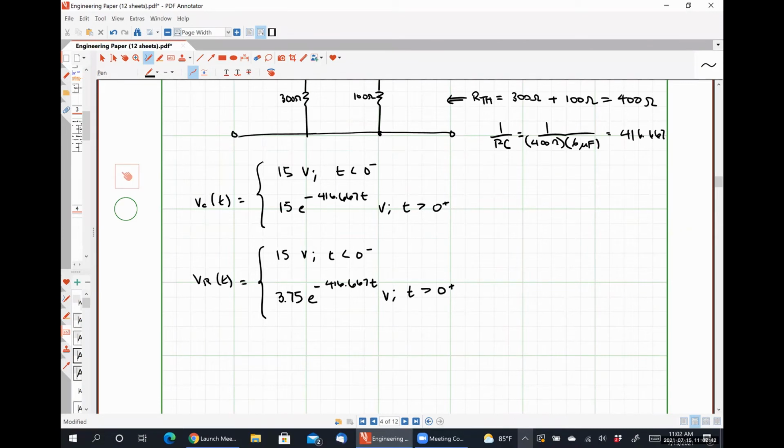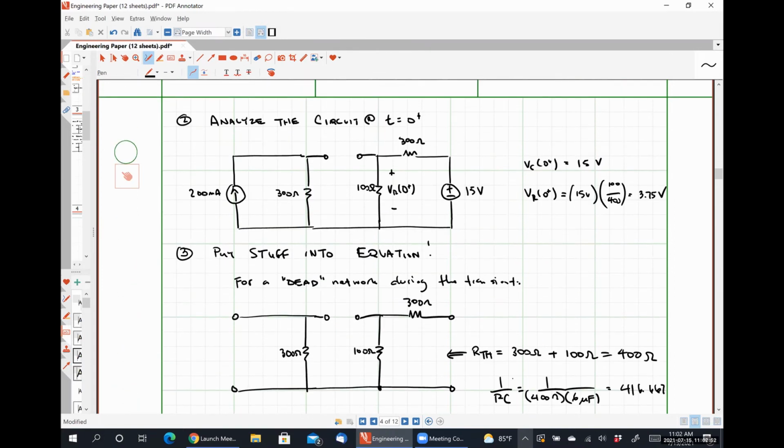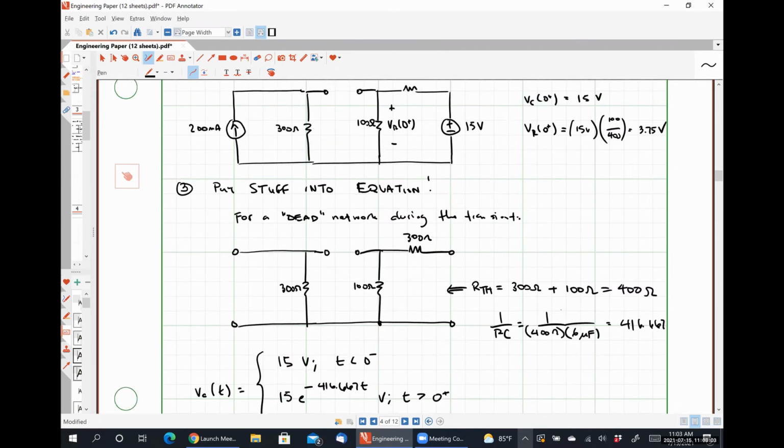For this particular problem, we could have actually not even bothered keeping track of what was going on with VR until the very end, because we can see pretty easily for all T greater than 0 plus, we just have a simple voltage divider circuit that we would have needed to analyze. So that would be another methodology for working this type of problem.